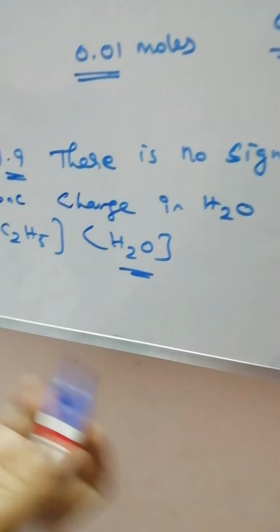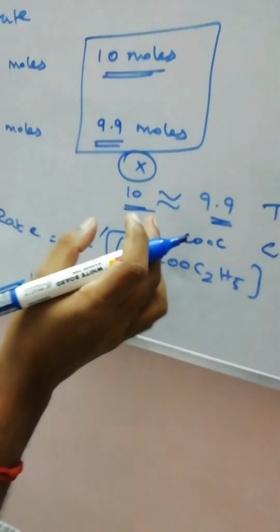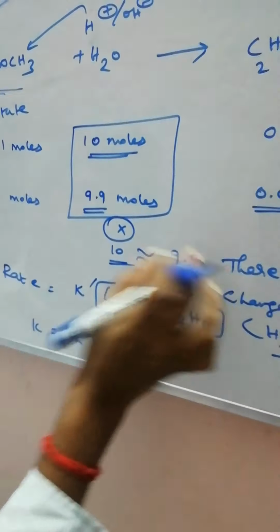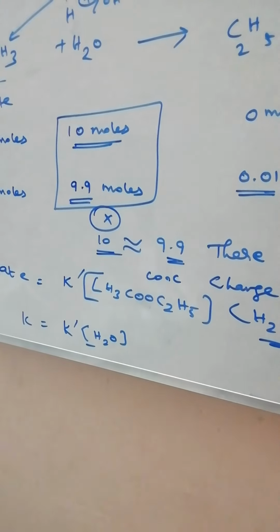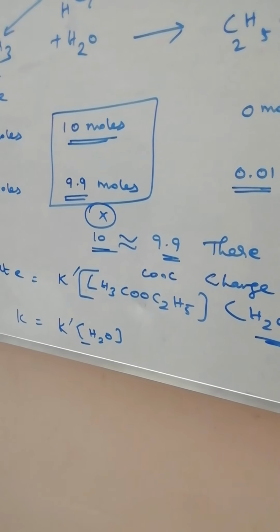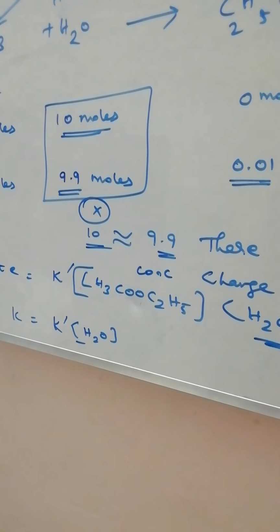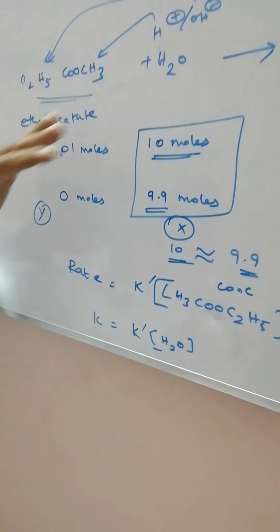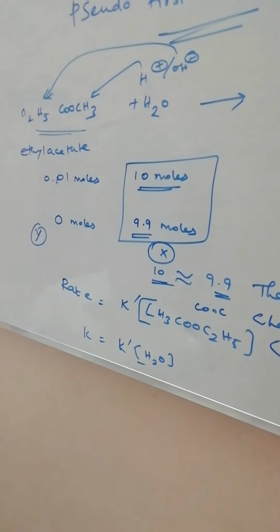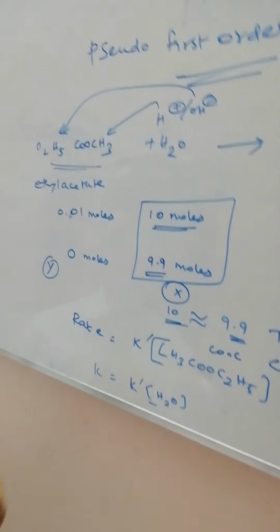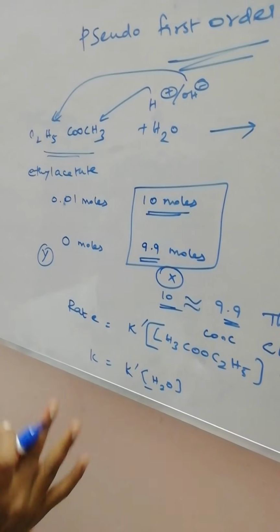Water is also considered constant, because 10 and 9.9 are merely equal. Before and after the reaction, water is not significantly consumed. 0.01 is not a big change. So there is no concentration change in water, and it is considered constant even though it is involved in the reaction.